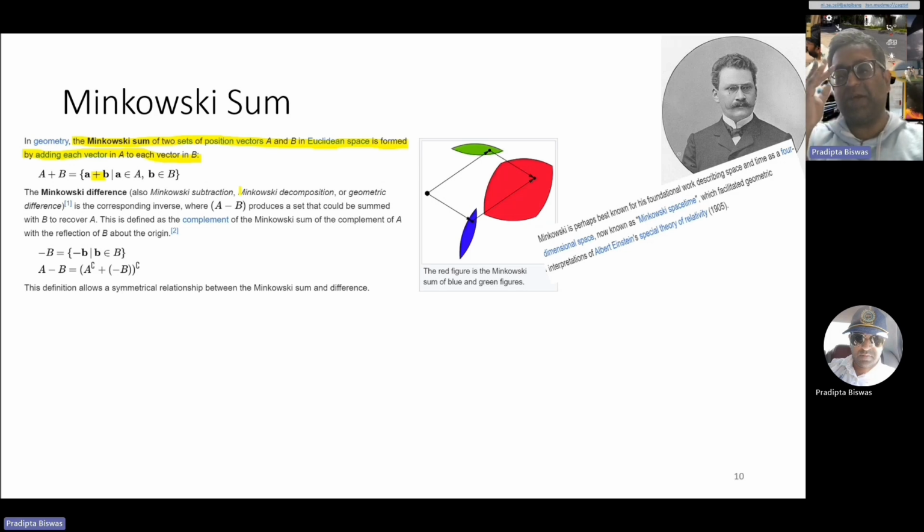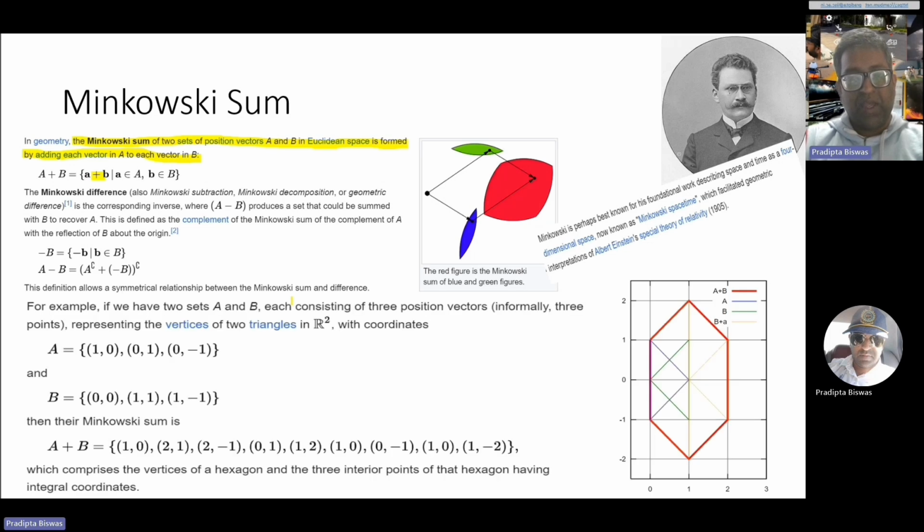I discussed a little bit about space-time and the theory of relativity, very superficially, in some introductory lecture, but it's interesting to note that this combination of space-time in Minkowski's sum and difference was later explored for making a more famous invention.